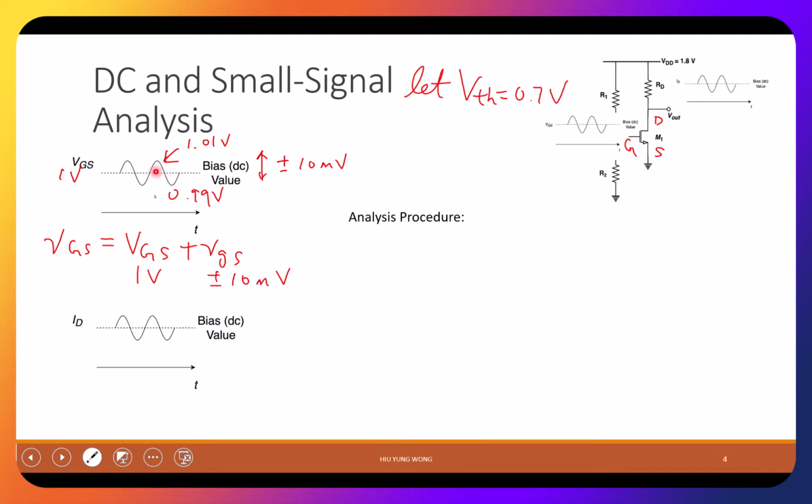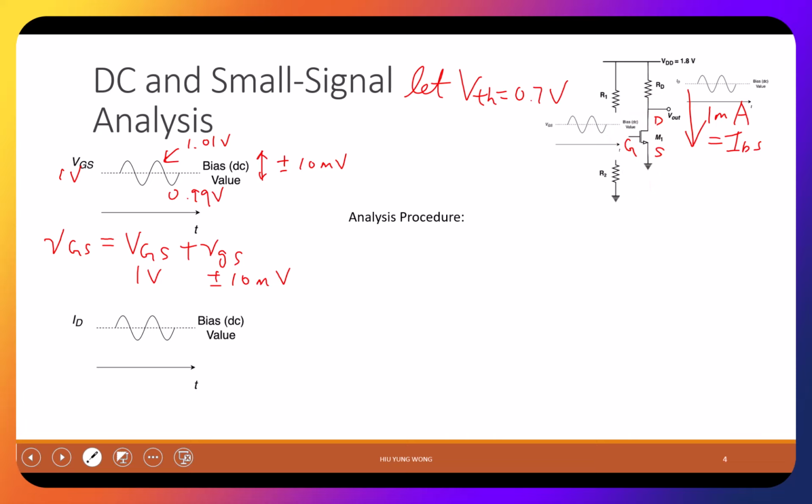But VGS is not 1 volt all the time, because after I add the small signal, it is varying. But yes, you can say it is 1 volt when I did not apply the signal. So this transistor is on, then there might be a current going down that is 1 milliampere, which is IDS. Do you agree with this? If I turn on the transistor, there should be current going through the transistor.